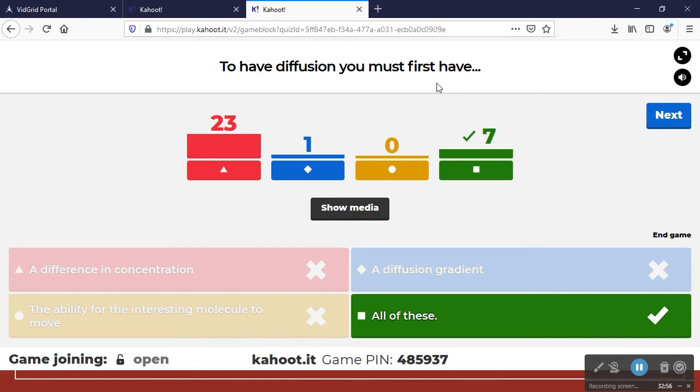And then the ability for the molecule of interest to move. There can't be a barrier. For example, in part of the nephron in the kidney, there's an area where the concentration gradient is huge, but water doesn't move, because it's impermeable to water at that point. So the molecule of interest has to be able to move.